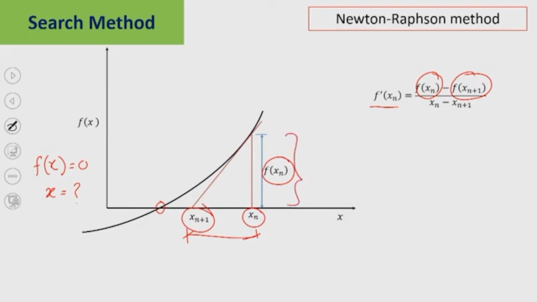What is this value? Here it is f of x n, and here it is f of x n plus 1.